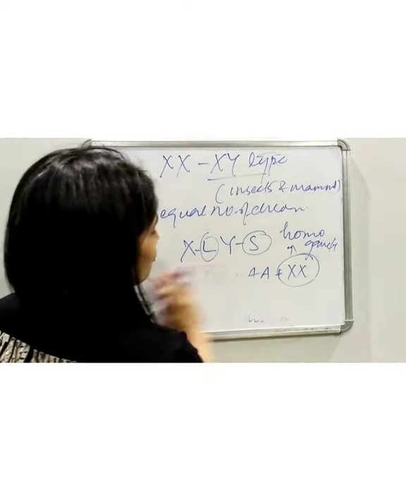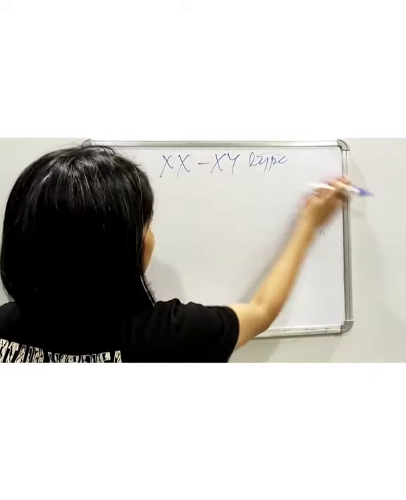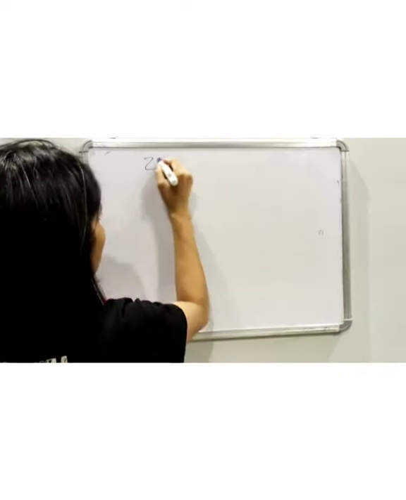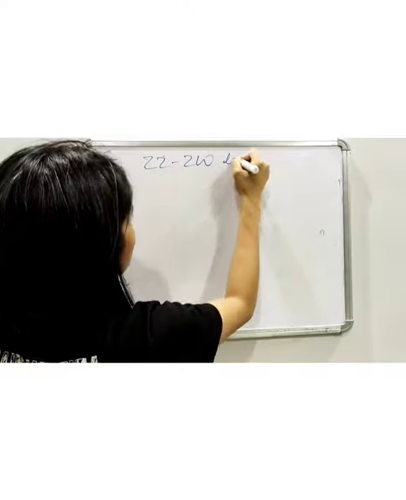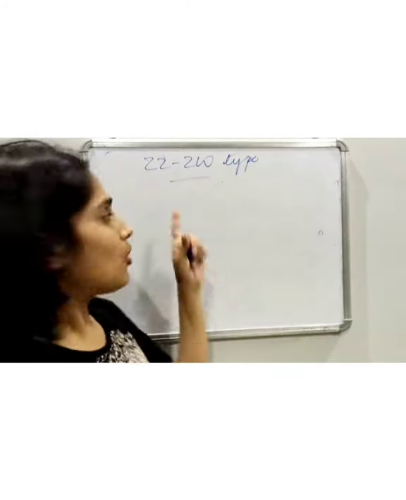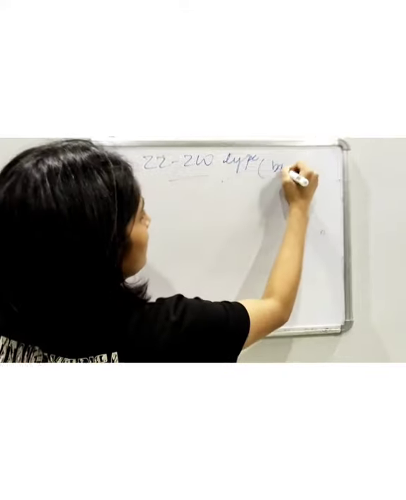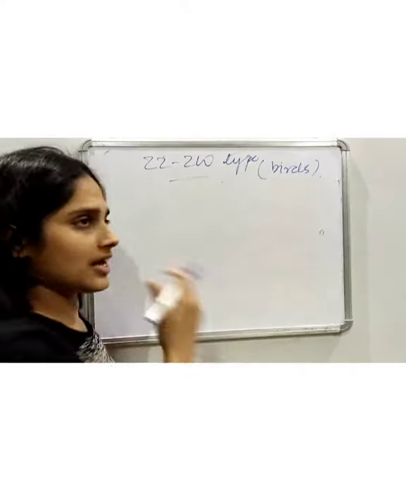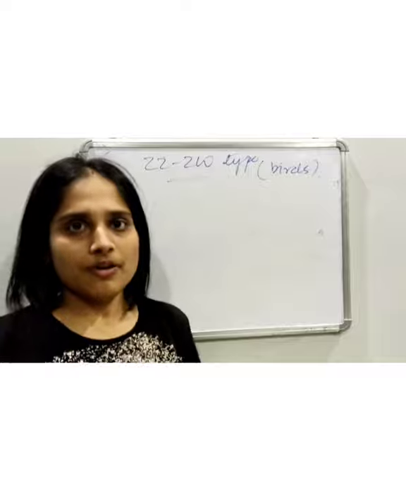Then we come to the third type, which is ZZ and ZW type, which is present in birds. Here it's reversed. Here also both males and females have the same number of chromosomes.